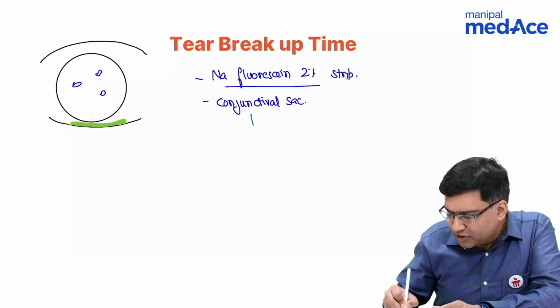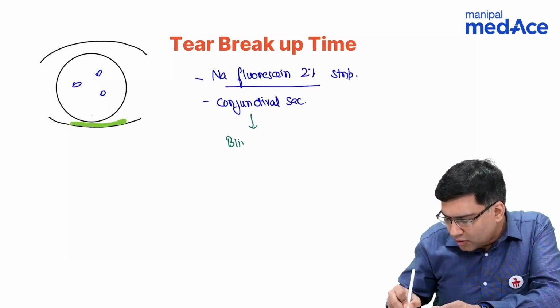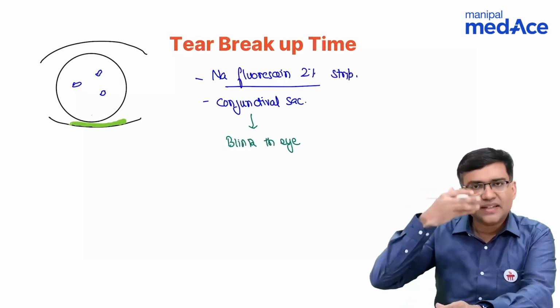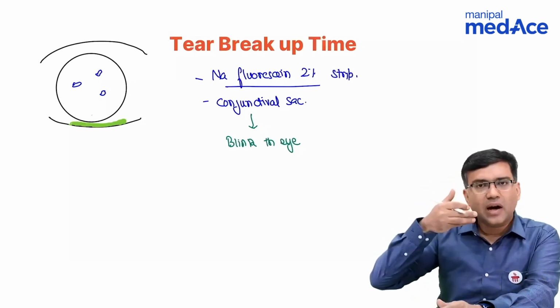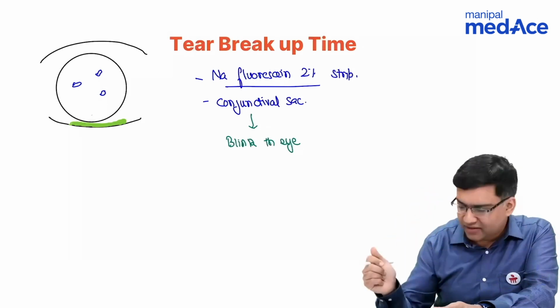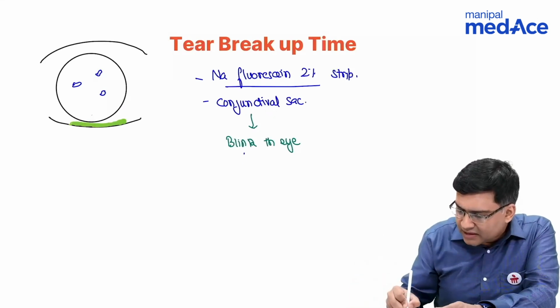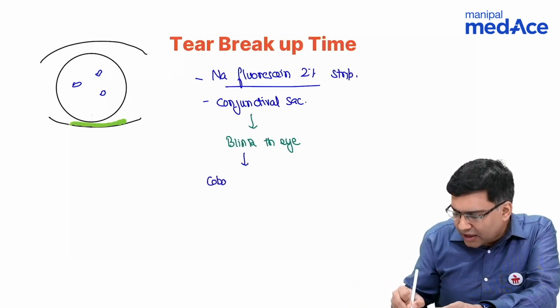Then we tell the patient to blink the eye. What it does is it spreads the sodium fluorescein over the corneal and the conjunctival surface.